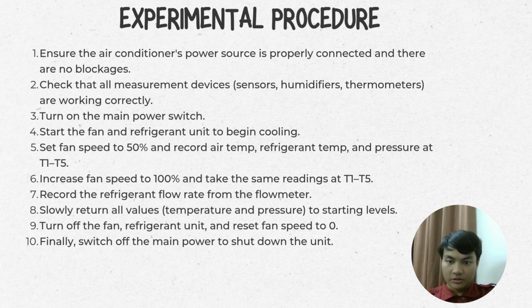Next, slowly return the valve, temperature and pressure to starting levels. Next, turn off the fan and refrigerant unit, and reset fan speed to zero. The last is finally to switch off the main power to shut down the unit.